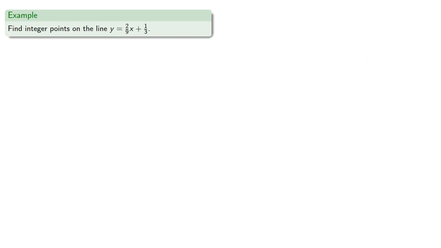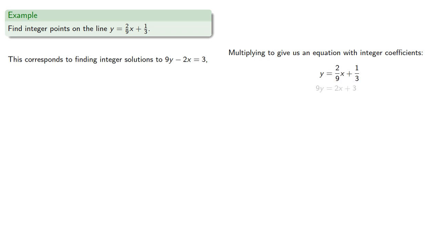Does this mean we can't find integer solutions if our two terms have fractions? Well, let's find out. Take a different equation, again multiplying to give us an equation with integer coefficients. And so finding the points on this line corresponds to finding integer solutions to 9y minus 2x equals 3.